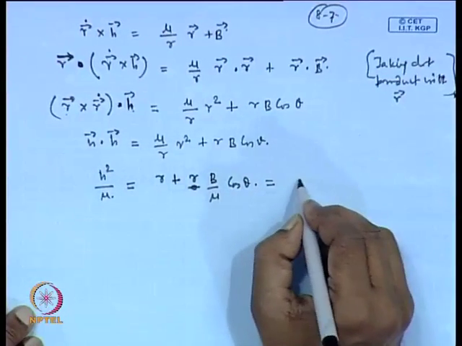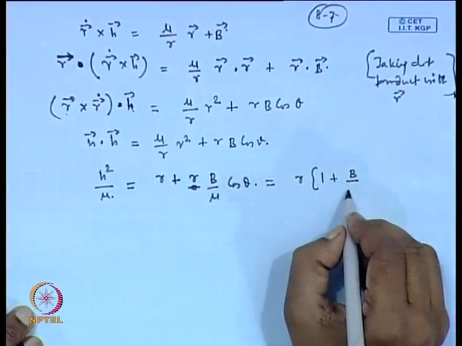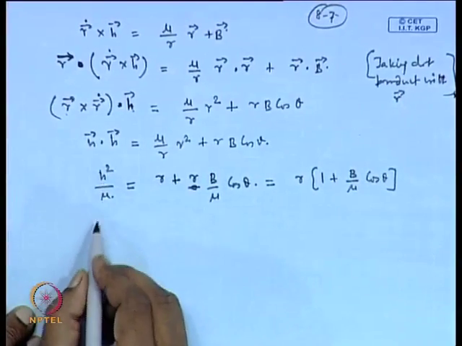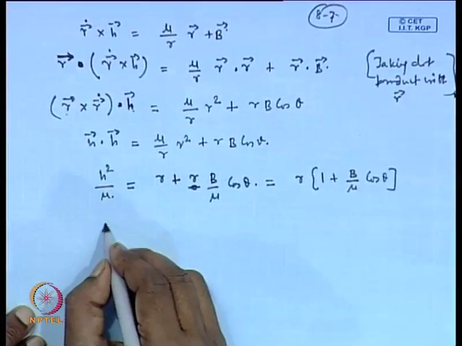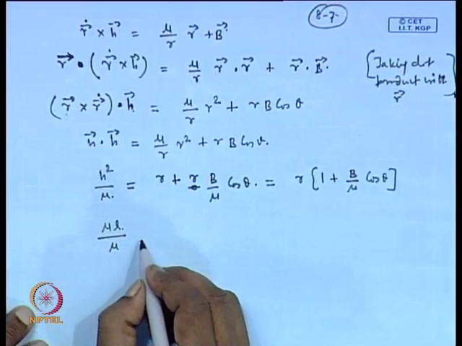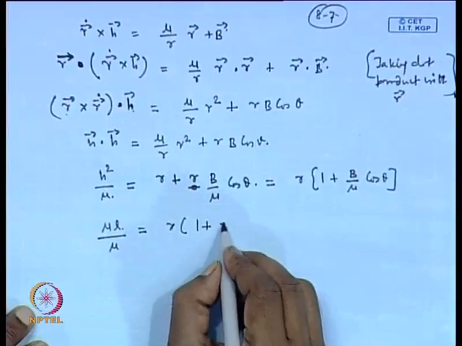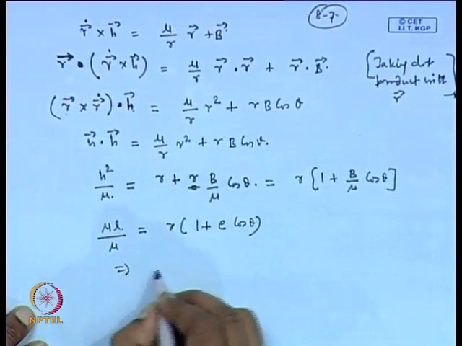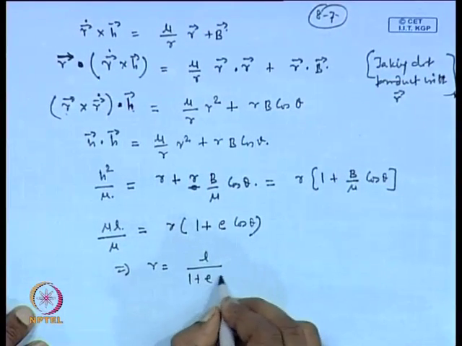Now, look into this relationship. If we take r outside, what we get is r times 1 plus b by mu cos theta, and we know from earlier that h square is nothing but mu times L. We have earlier defined this. So, if we write it in this way, see what this gets reduced to: 1 plus, and here b by mu we write as E. So, this implies r is equal to L by 1 plus E cos theta.